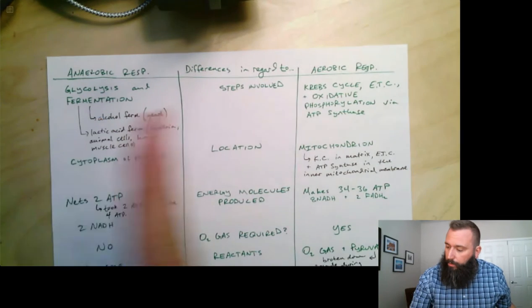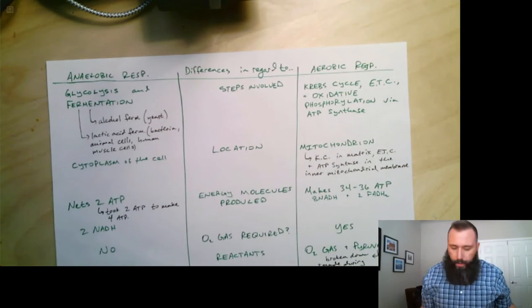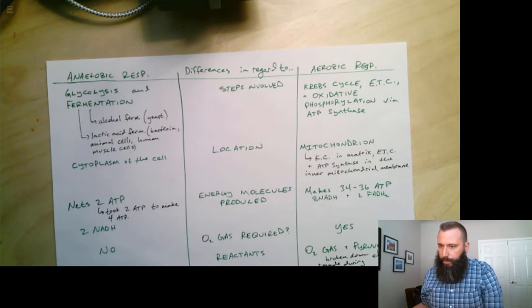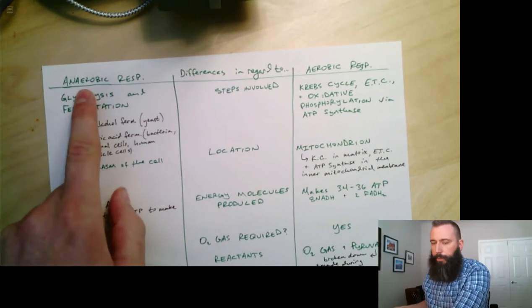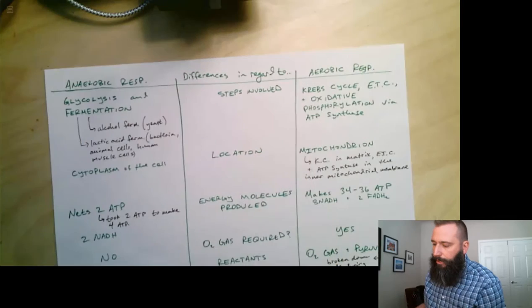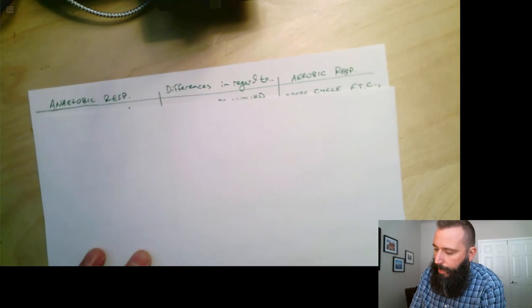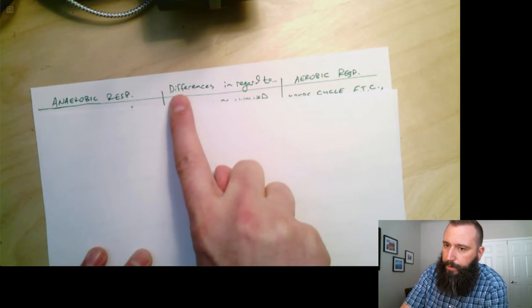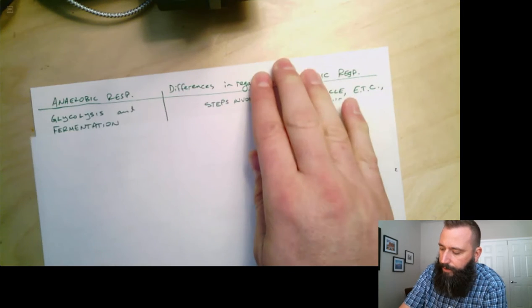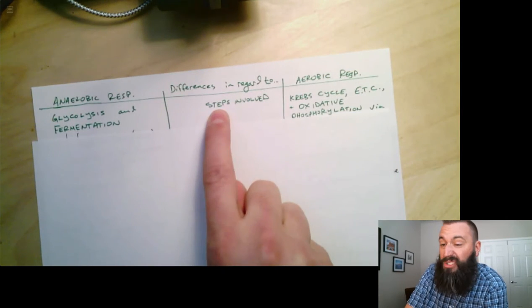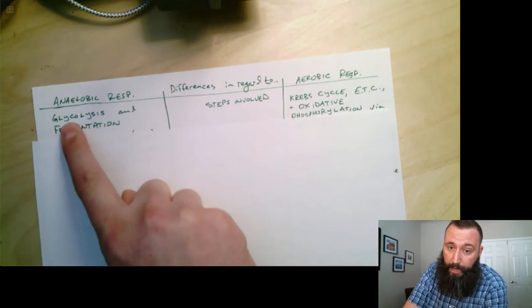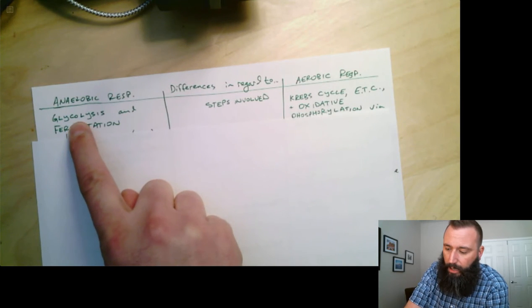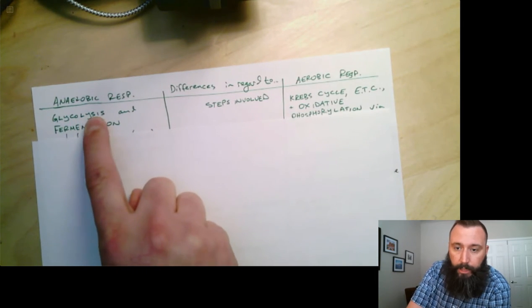So create a 3-columned graphic organizer. This is a comparison table that we'll use to compare anaerobic on the left and aerobic respiration on the right. And in the middle column, write differences in regard to. The very first difference in regard to, how about steps involved? Anaerobic respiration involves glycolysis. This is the splitting of glucose.